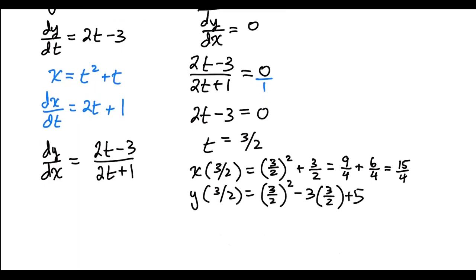And then for the other piece, it's going to be 9/4 minus 9/2 plus 5. So 9/4 minus 9/2 is negative 9/4. Right, common denominator, you have 5, and 5 is the same as 20/4, so 20 minus 9 is 11. 11/4.